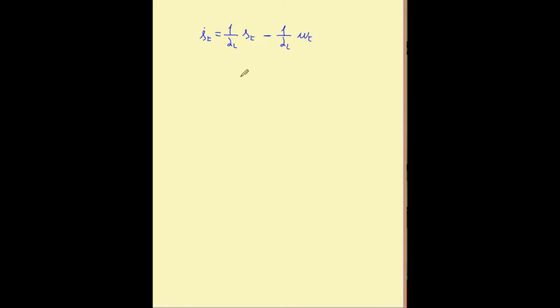Now, to solve this, we need to write this as s dot t minus 1 over alpha 2, which multiplies s t, equal to minus 1 over alpha 2, which multiplies omega t. This is the differential equation.